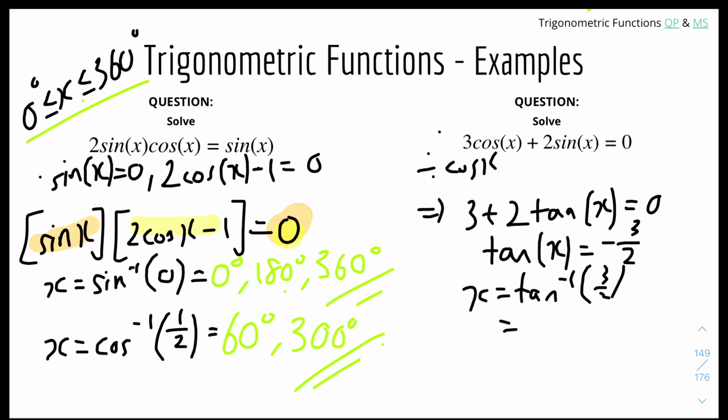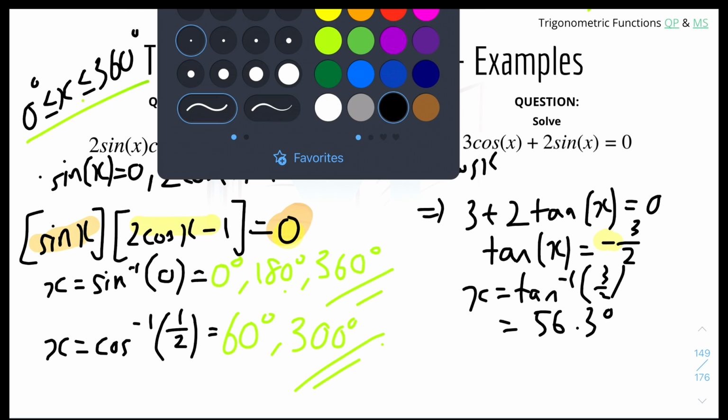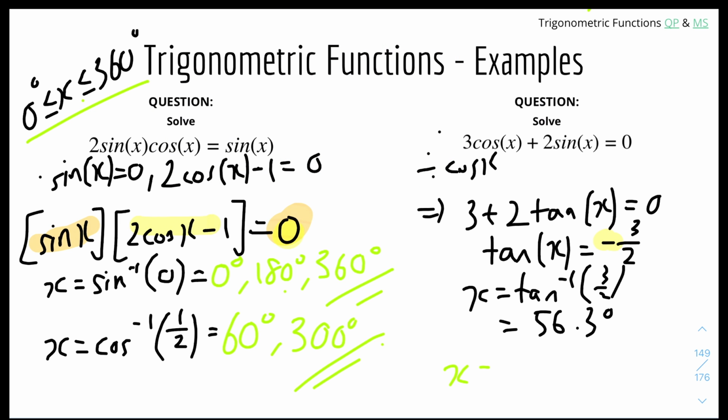And this will get you, let me just put in my calculator, 56.3. But this is not the answer, this is the base angle because we're dealing with a negative. So to get the first answer for tan, you do 180 minus the base angle. 180 minus 56.3 will be equal to 123.7.